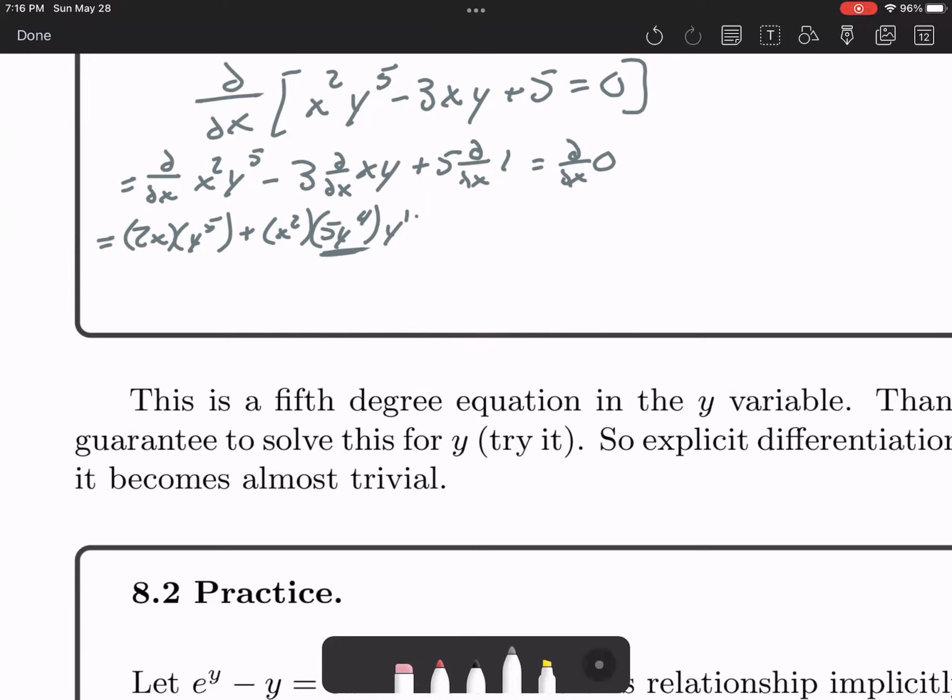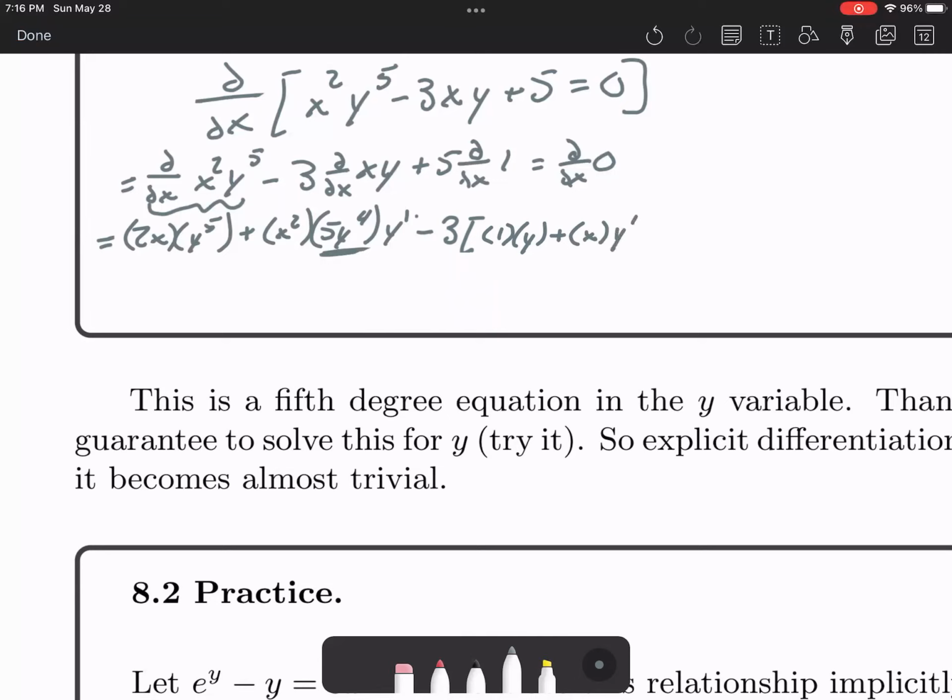Okay. Now, where are we? That's just the derivative of that product. Now we have minus 3 times the derivative of x times y. So again, we have a product rule. The derivative of the first, so the derivative of x with respect to x is just a 1. Copy down the y, add, copy down the x, and the derivative of y with respect to x is exactly the thing that we're looking for.